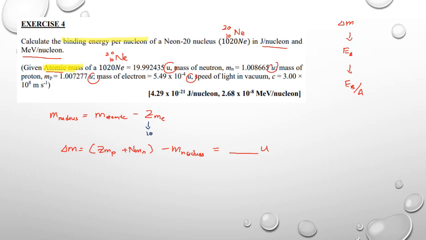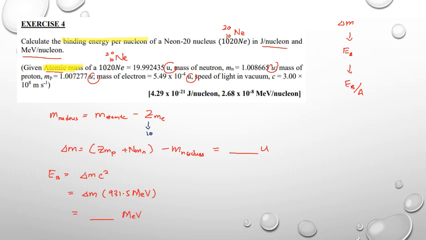That is fine. Once you have mass defect in atomic mass unit, you can then calculate EB by using delta M C square, which then equals delta M times 931.5 MeV. Then it equals the answer in MeV.